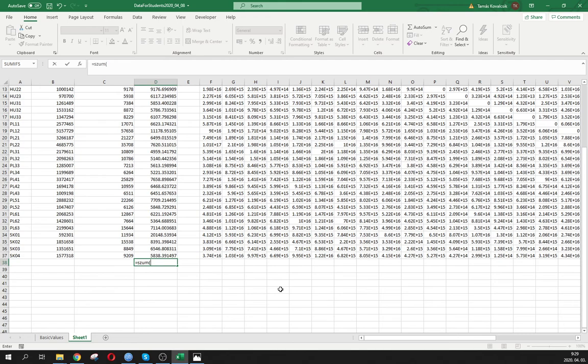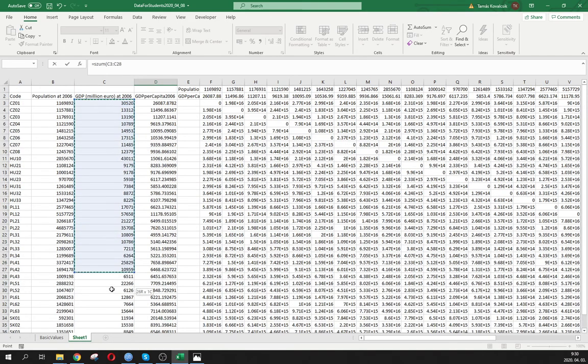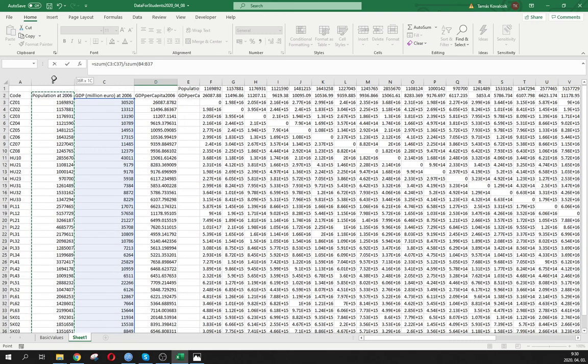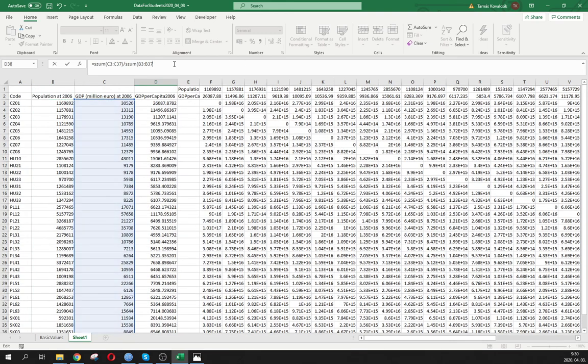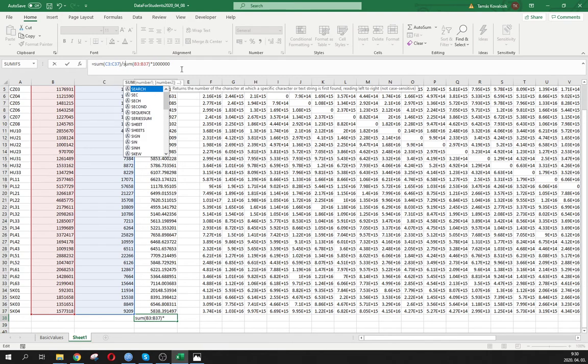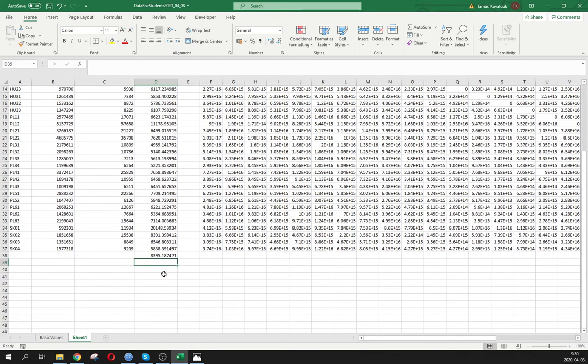We use the summary of the GDP divided by the summary of the population, and multiply by 1 million because of the right euro form. Oh, not sum. Yeah, this is it.